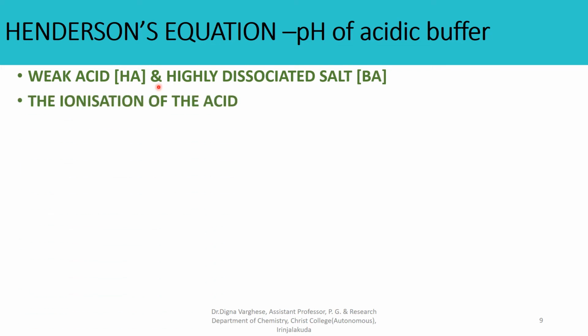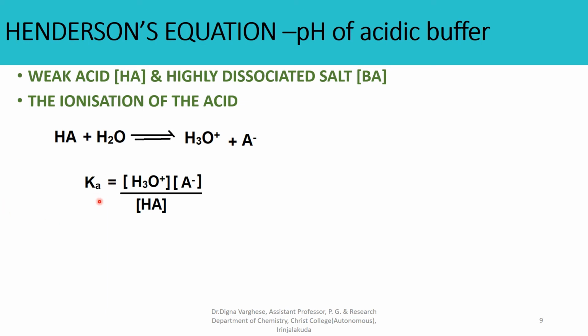The ionization of the acid is represented as HA plus water in equilibrium with hydronium ion plus A minus. The ionization constant is equal to concentration of hydronium ion into concentration of A minus divided by concentration of acid and concentration of water. We know the concentration of water is equal to 1.